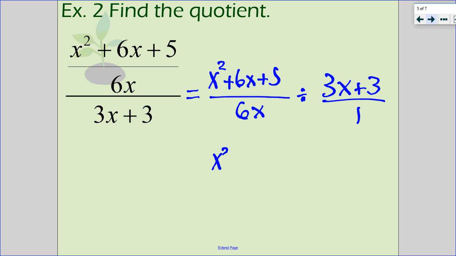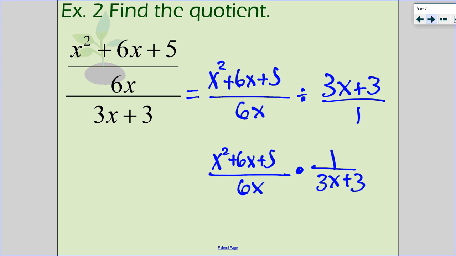So now we can keep, change, flip. So this is me keeping this the same, then changing it to multiplication, and then flipping. Keep, change, flip. Questions on that? What do we have to do next?